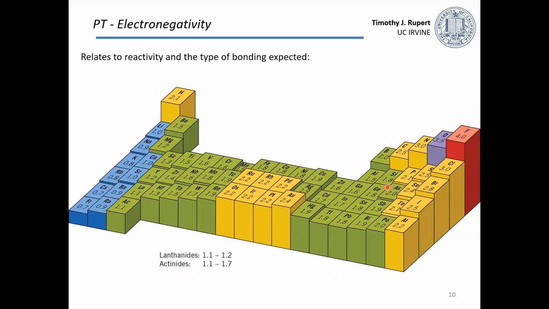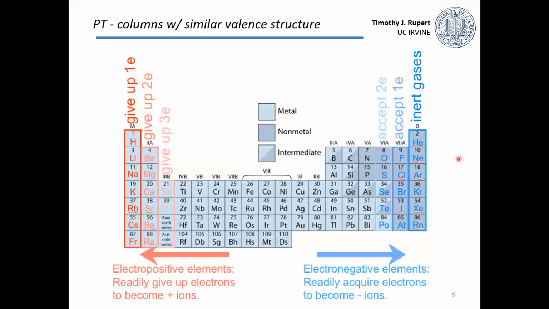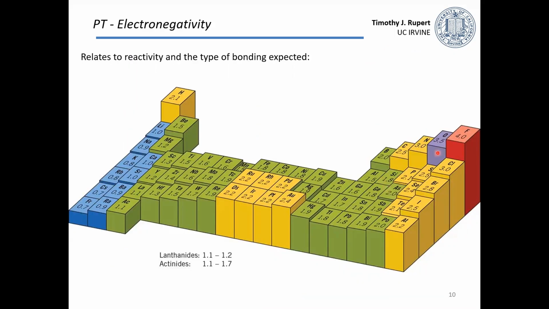On this slide, what we're showing is that same periodic table, but now we're actually coloring and giving a height to each of these elements based on its electronegativity. So the electronegativity is a tendency to want to accept those electrons. So we have higher values on the right side than we do on the left.